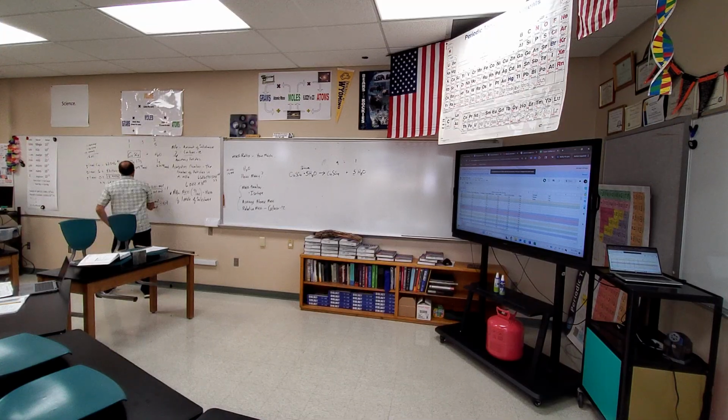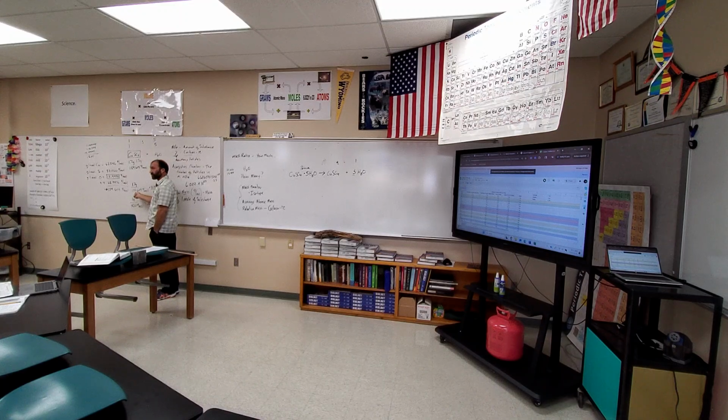Let's think about it. What did we do to 1.5? We divided it first, okay? So if we have 1.5 here, is it gonna be bigger than 0.01 or smaller than 0.01? Bigger. We have a bigger number on top.